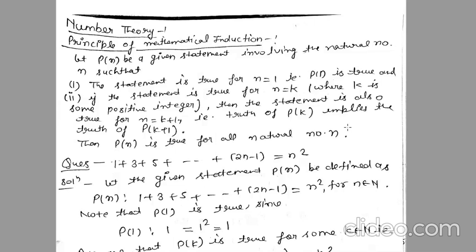And if this is true for n is equal to k plus 1, then we can say that P(k) or P(n) is true for all n. That means it will be true for all natural numbers.